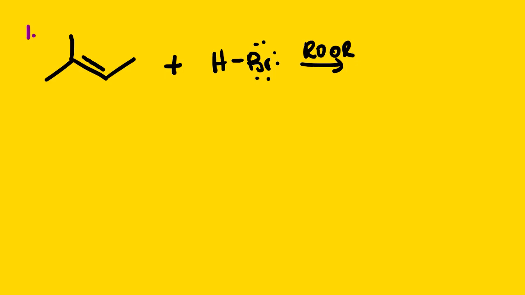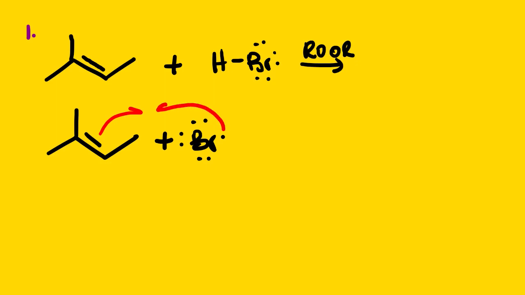So in step number 1, we need a stable radical. We have our alkene reacting with a bromine radical. So what will happen is that we are going to have this movement of electrons. Now the question is, is the bromine radical going to be attached to this carbon or this one?